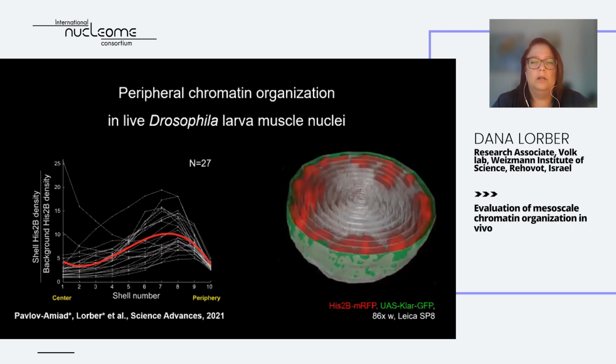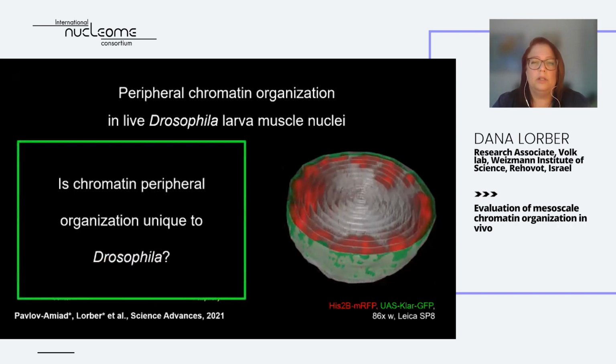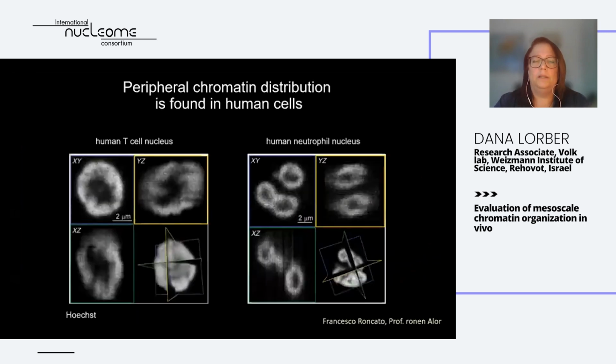This organization was found also in epithelial cells and in salivary glands, but is this organization unique just to Drosophila? In order to answer this question, we imaged human white blood cells, freshly isolated neutrophils, and cultured effector T cells, both fully differentiated.